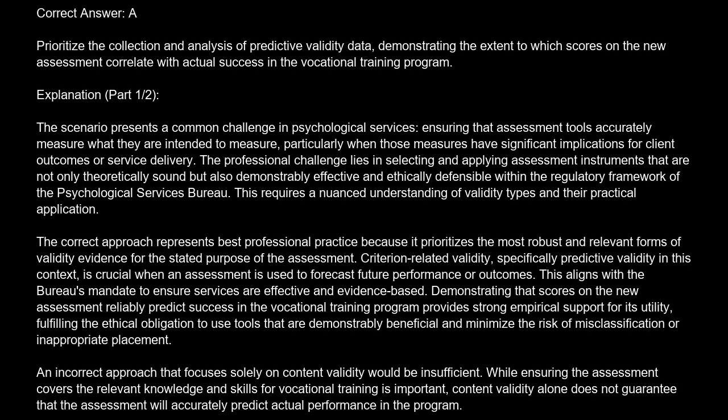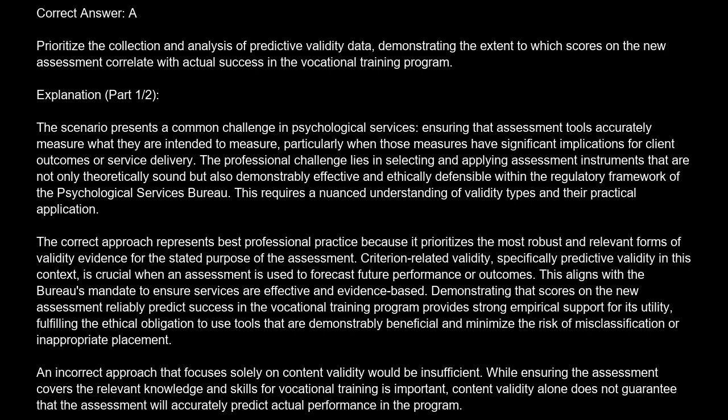The professional challenge lies in selecting and applying assessment instruments that are not only theoretically sound, but also demonstrably effective and ethically defensible within the regulatory framework of the Psychological Services Bureau. This requires a nuanced understanding of validity types and their practical application.